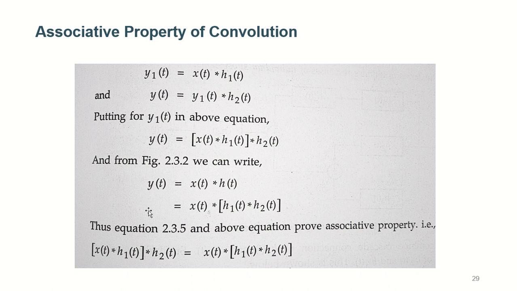We will get y of t equal to x of t convolution with h of t. So we can write it both ways. That is your associative property, in which x of t convolution with h1 of t, the whole term in convolution with h2 of t, will be equal to x of t in convolution with the whole term h1 of t convolution with h2 of t. So that is your associative property.